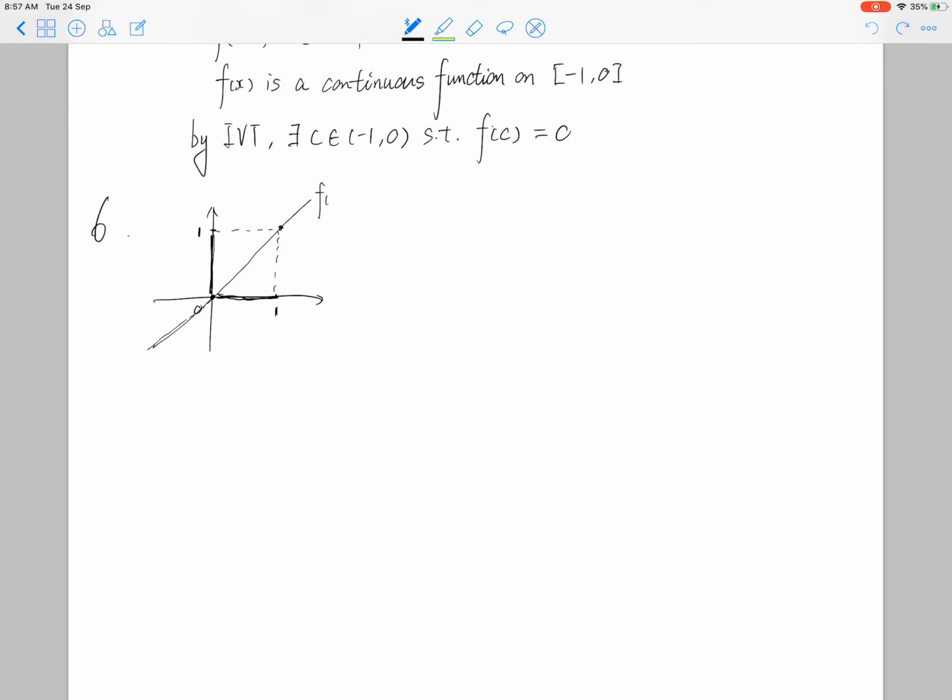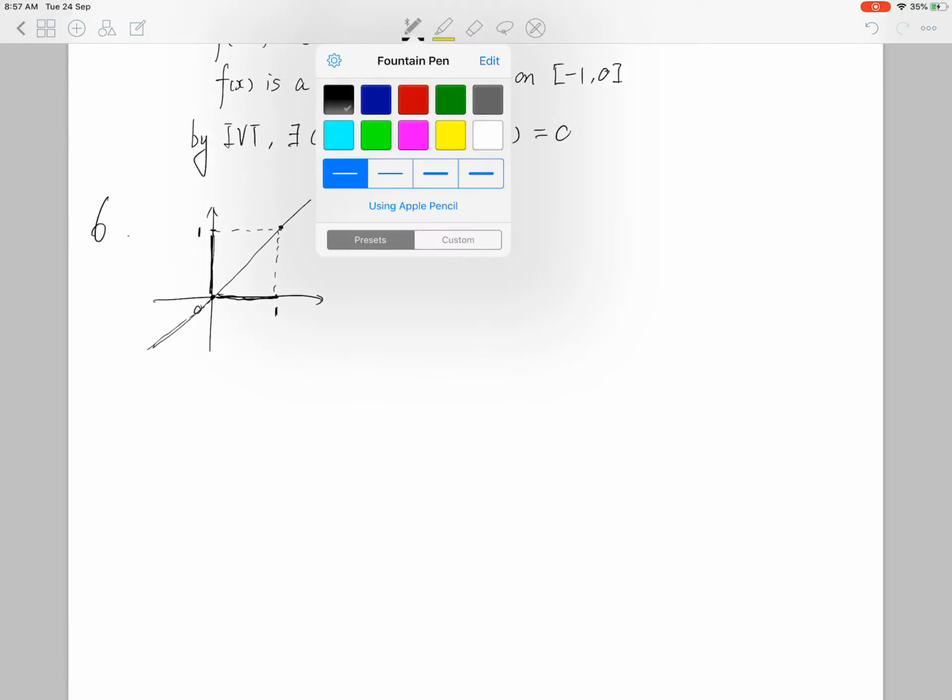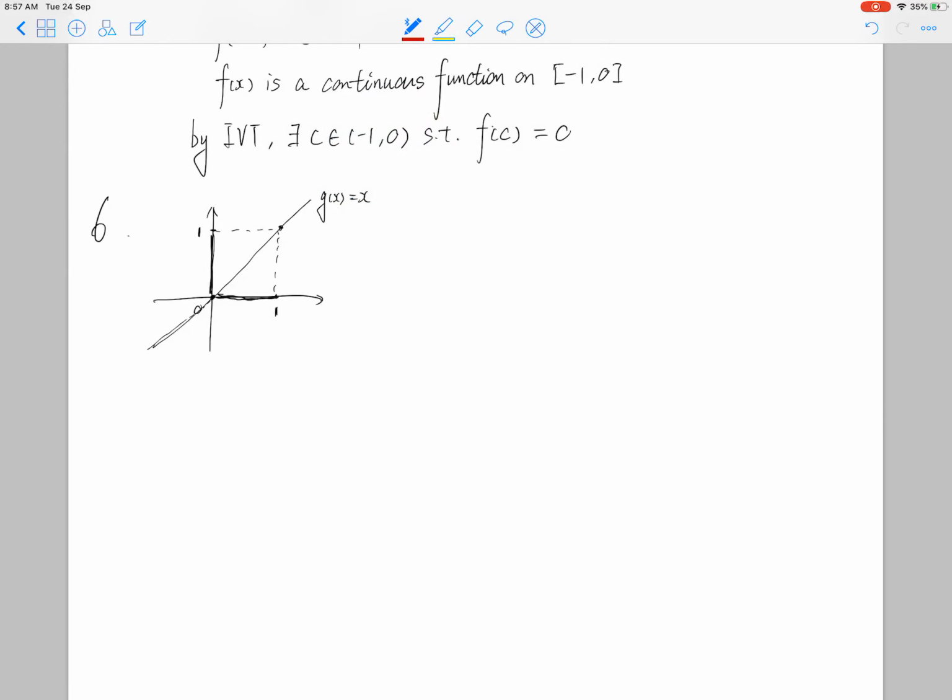So let's call it g(x) equals x. And your f(x) is any function in this box. So let's draw some random function in this box. You can see they intersect.